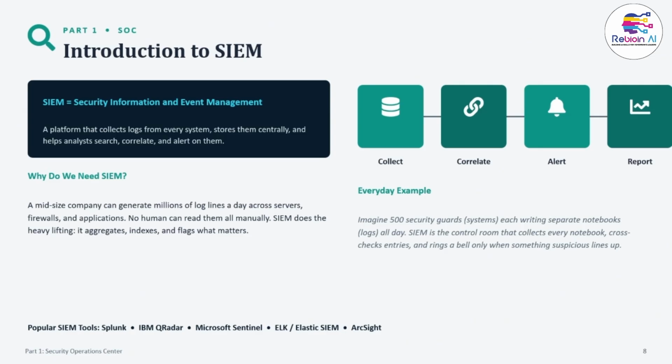Some of the most popular SIEM tools in the industry today are Splunk, IBM QRadar, Microsoft Sentinel, ELK or Elastic SIEM, and ArcSight. In part 2 of this lecture, we are going to focus on two of the biggest ones, that is Splunk and ELK.